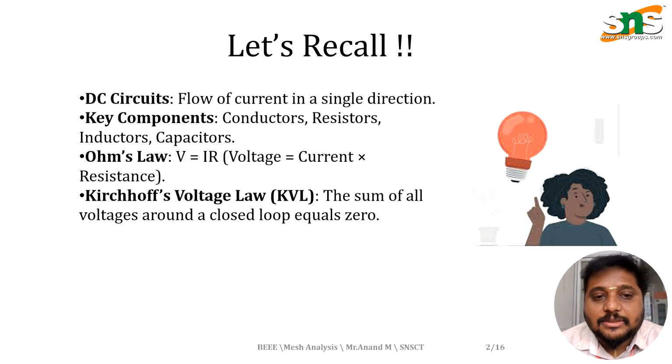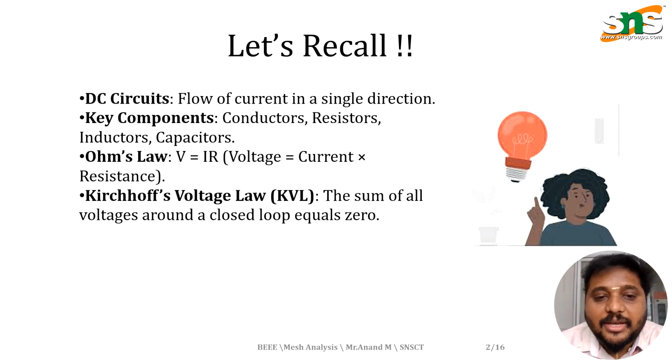So it has only DC plus minus power supplies, and it has some currents, that is I1, I2, I3, based on the loops and resistance, and some coil and load components, coil and capacitors. Key components are conductor, resistor, inductors and capacitors. Here a conductor is nothing but a medium to transfer the current from one side to another side.